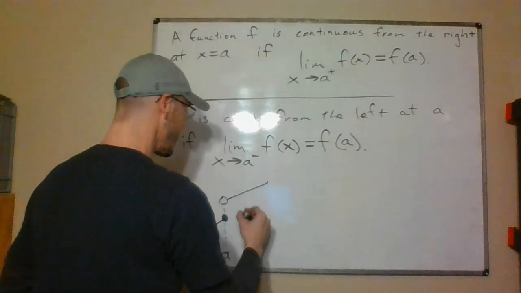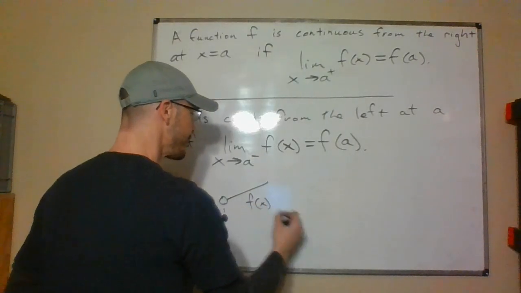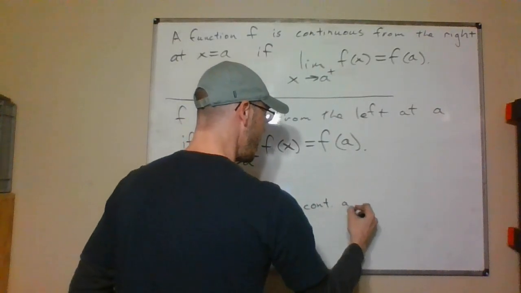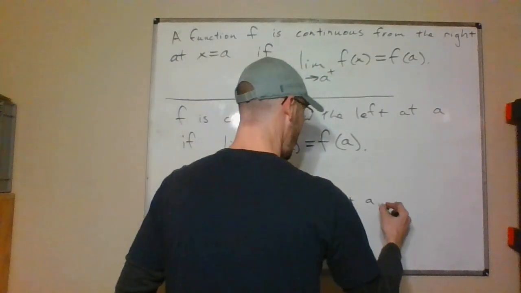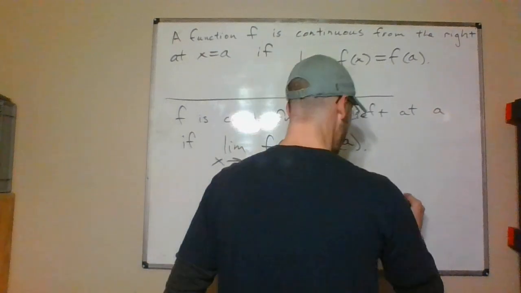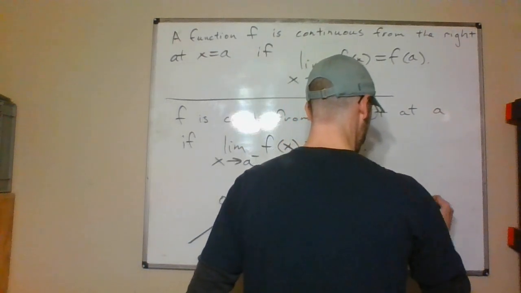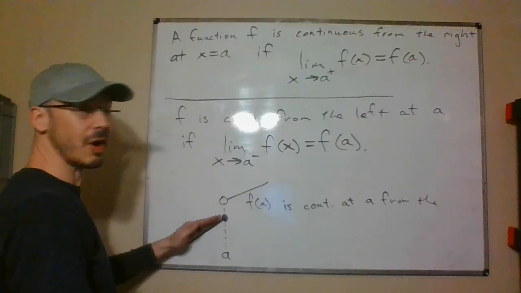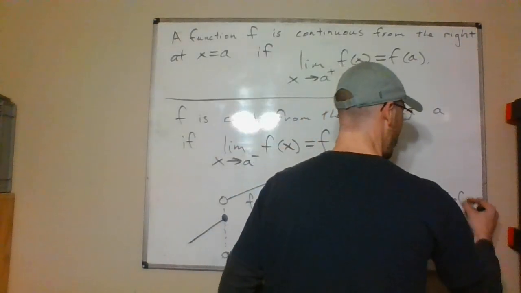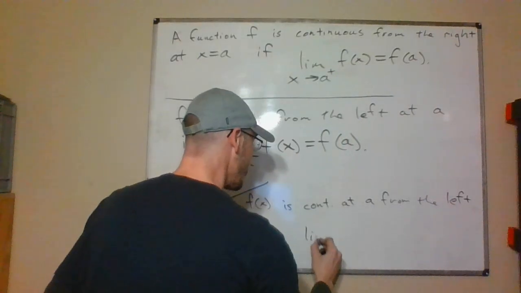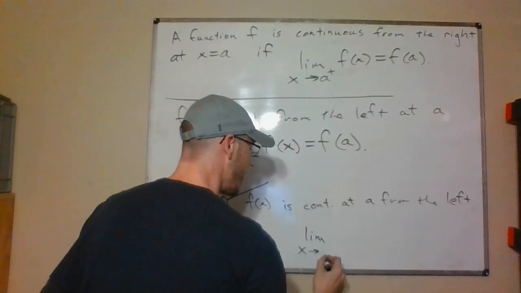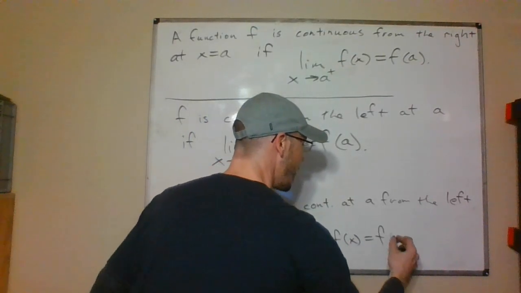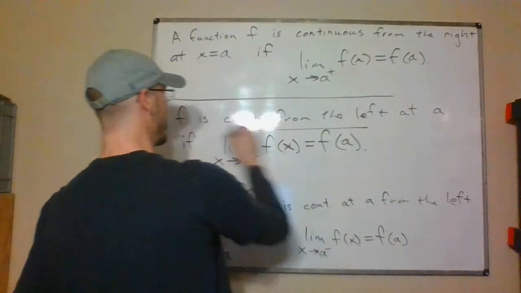So if this is my function f of x, it is continuous at a from the left. In symbols, that's the limit as x goes to a from the left of f of x equals f of a. Now that's the same thing right here.